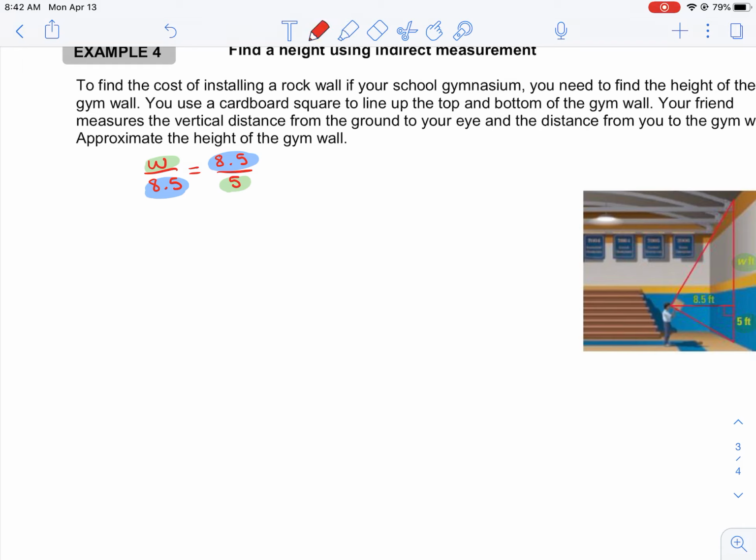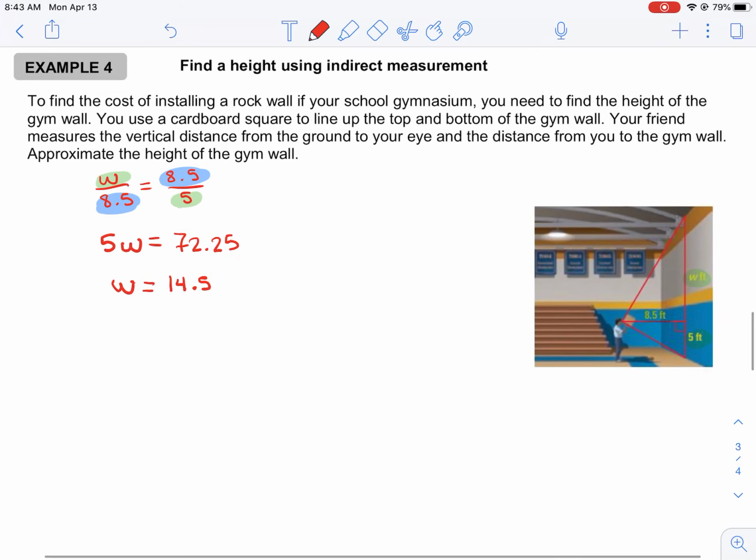So when you plug this in, you get 5W equals 5 times 8.5, which is 72.25. If you divide that by 5, you get W equals 14.5. Okay, now we're not done. We want the total height of the gym.